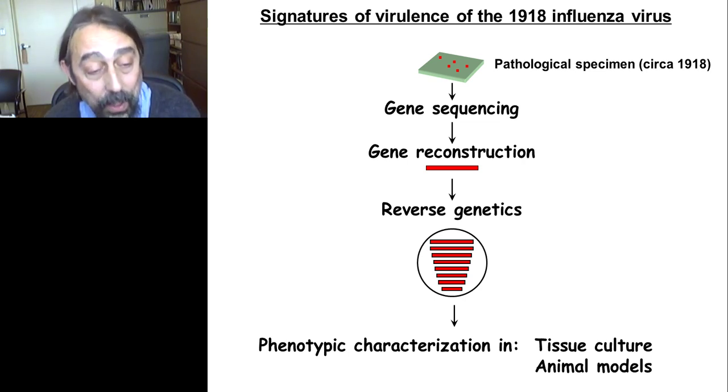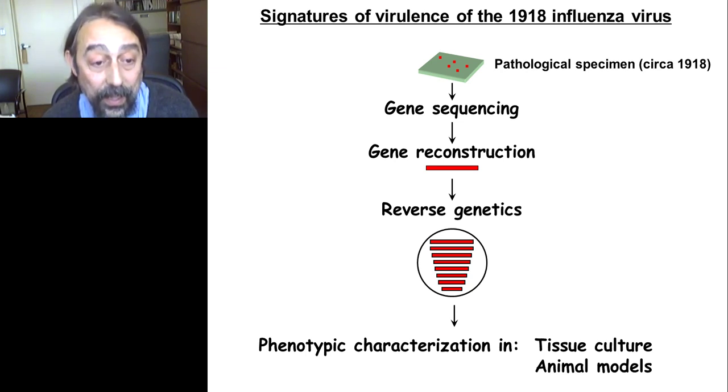Now, where new technology comes in is that we have developed techniques that allow reconstruction of an influenza virus coming only from sequence. We know the sequence, so we can synthesize the genome of the virus using synthesis techniques for reconstructing the genome as DNA, and using what we call reverse genetic techniques that allow us to go from DNA into RNA and come out with an influenza virus.